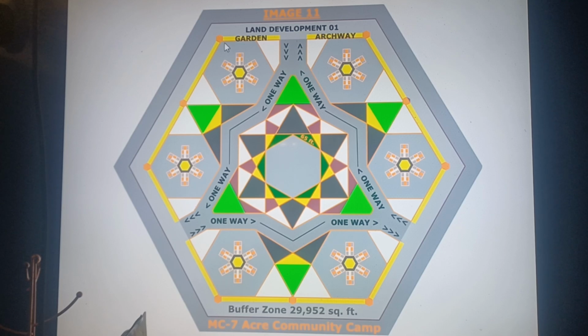So if we do go to 7 acres, 7 times 43,560, 304,920, divide by 96. Get 3,176, and multiply that by 6.